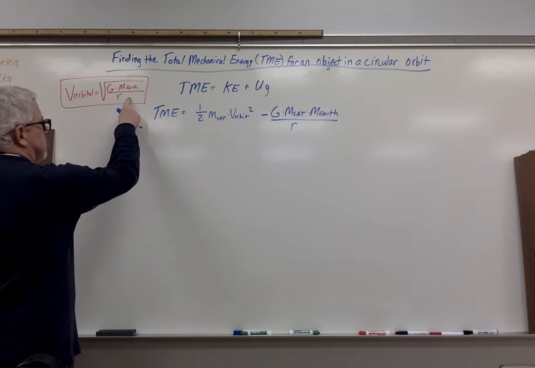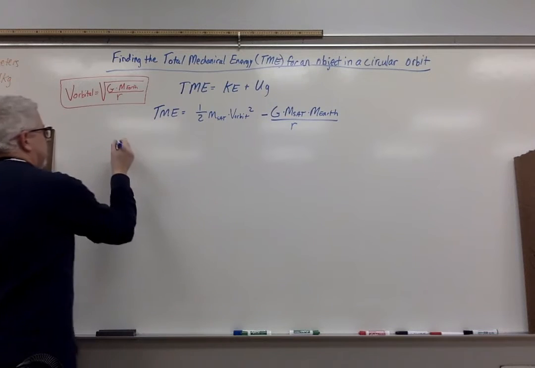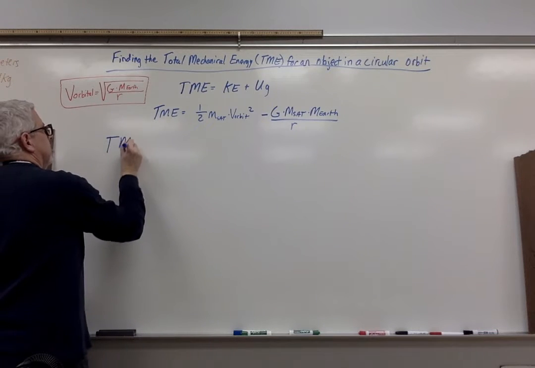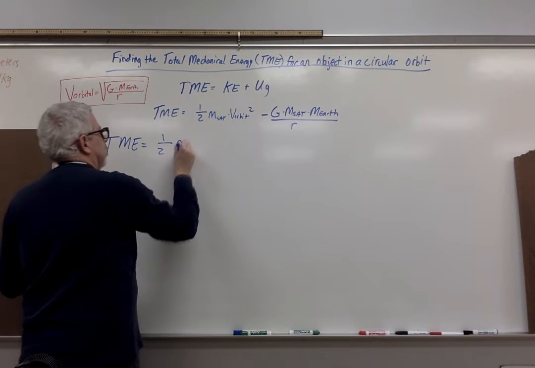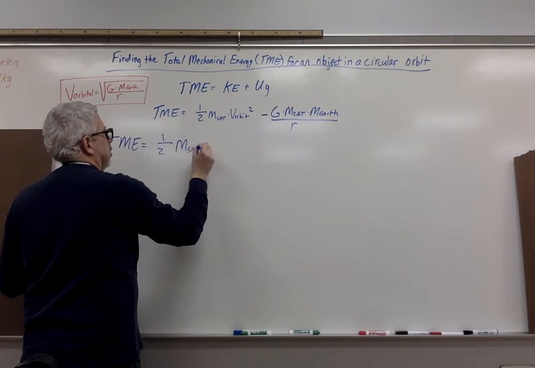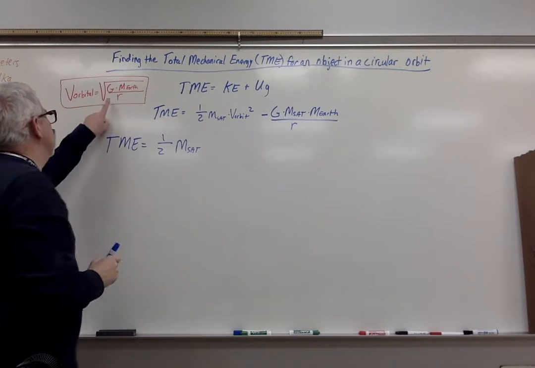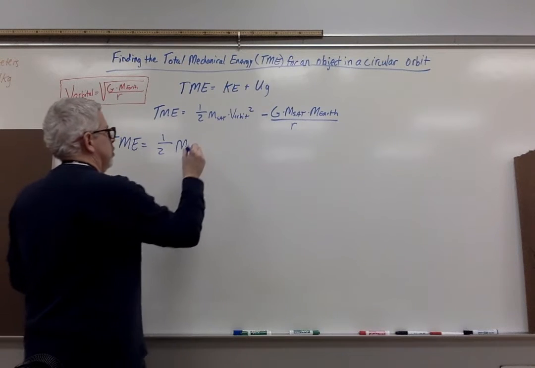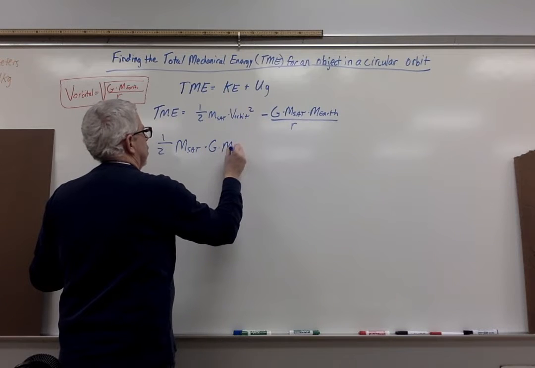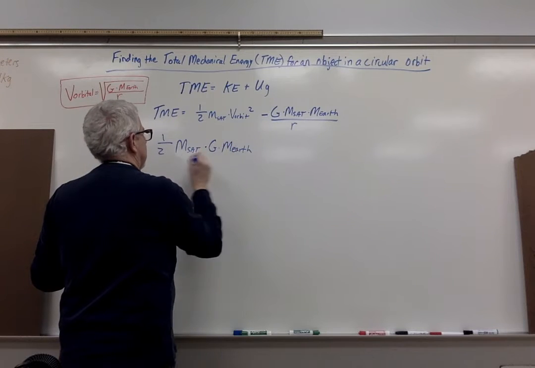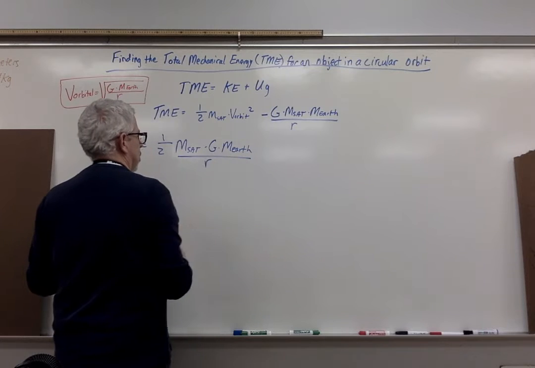I want to substitute this in for that: 1/2 m satellite times, if I square this, that just takes away the square root symbol, big G, m Earth, over R.